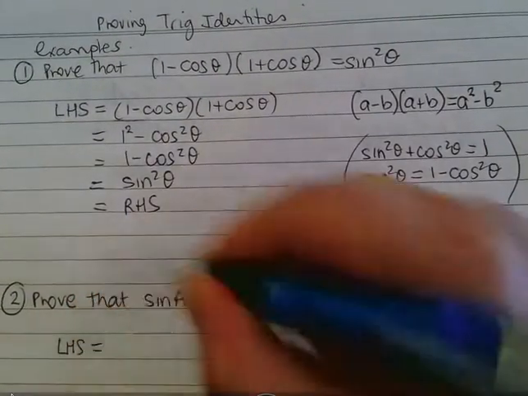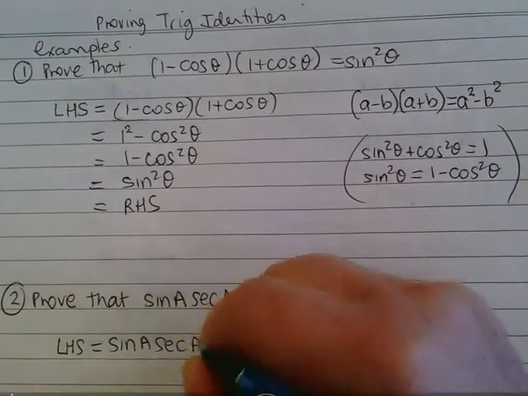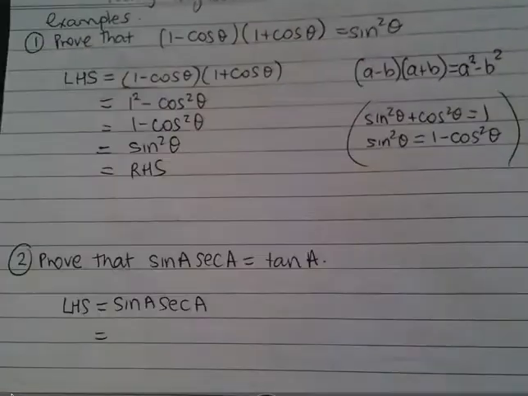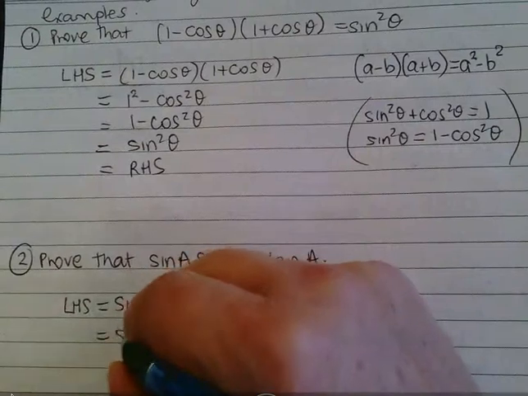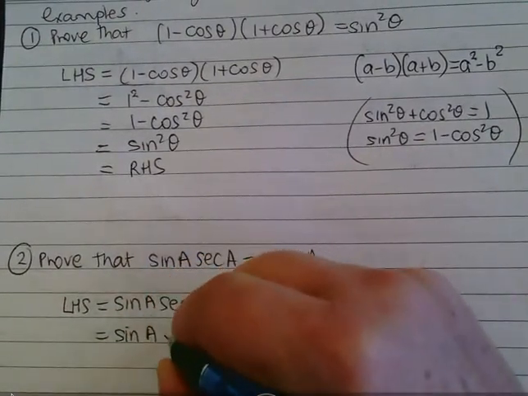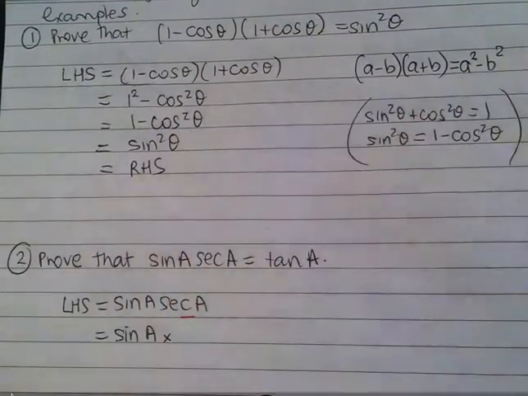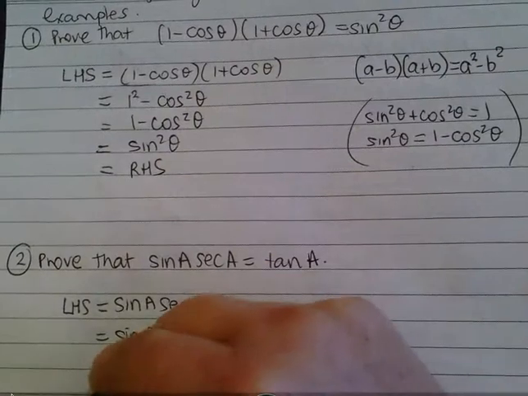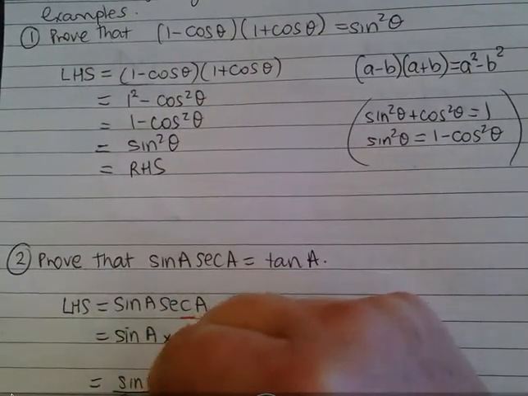So my left-hand side is sine A times sec A. Now, girls, this one's pretty easy. You can't change sine A. So the left-hand side is sine A times, what's sec? 1 on cos A. Now, isn't that just sine A divided by cos A?